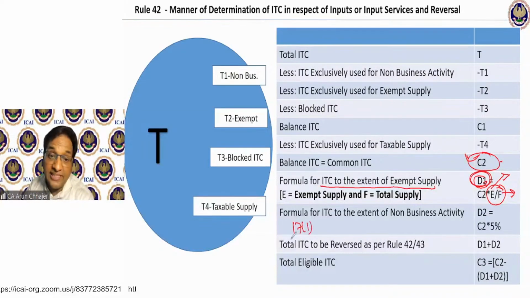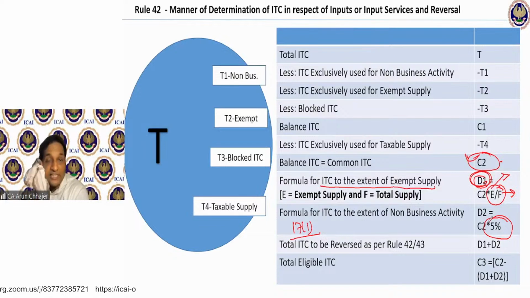Also, in section 17 subsection 1 we have discussed that if the ITC is related to non-business purpose, you can't take the ITC, correct? They are saying how much is the non-business purpose. We can't identify it because there is no sale, so they are by default assuming 5% as C2, which means 5% of the total ITC is attributable to non-business activity.